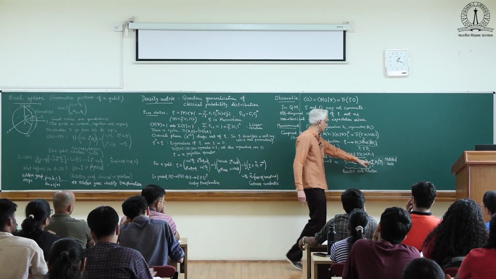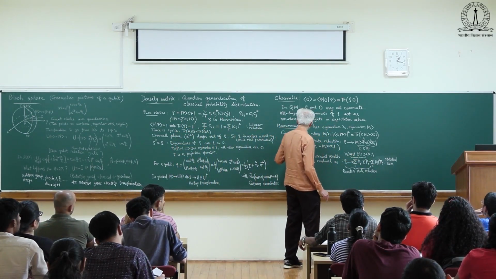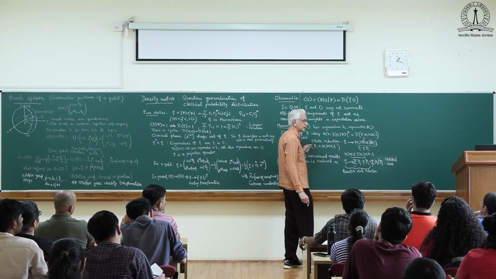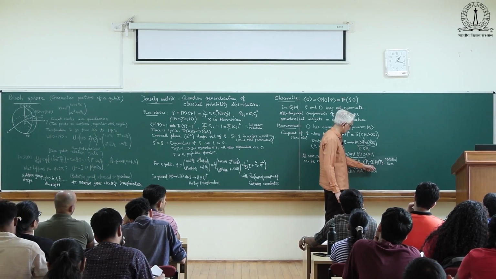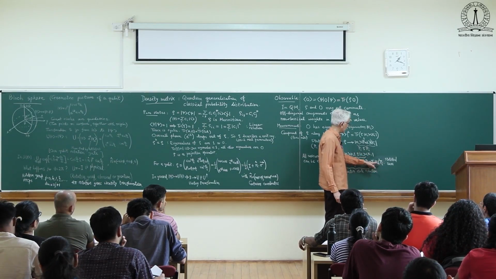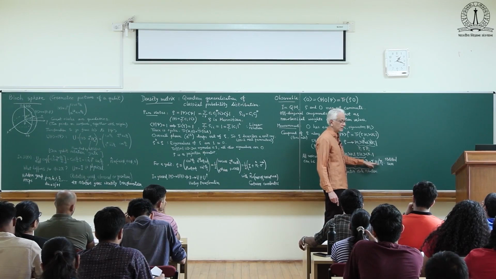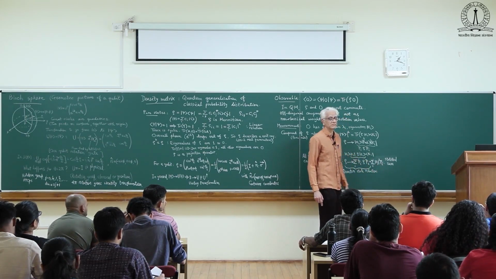And this is what our original definition of the Born rule is. What happens to rho? It's a sum, a statistical sum. This is the probability and this is the final state.